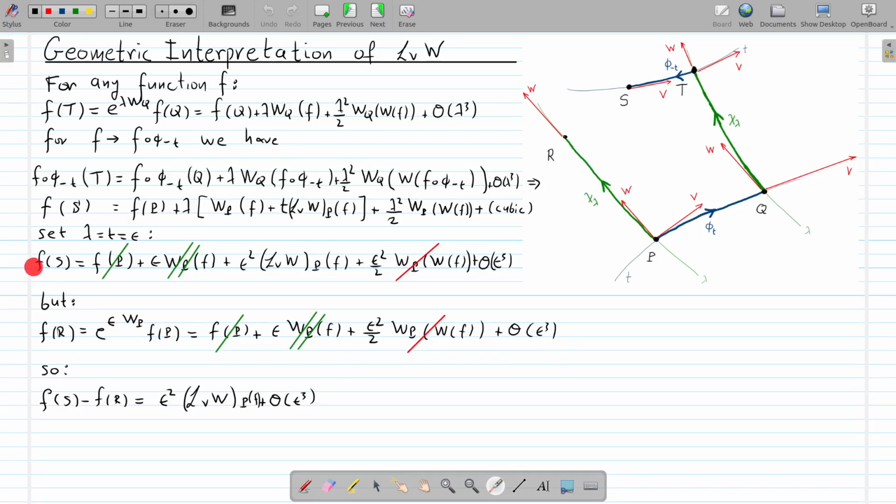So we subtract those two equations so that we have the difference of the values of the function f at those points, s and r, and we see that the only term that survives to order epsilon squared is the value of the action of the Lie derivative on the function f at the point P.